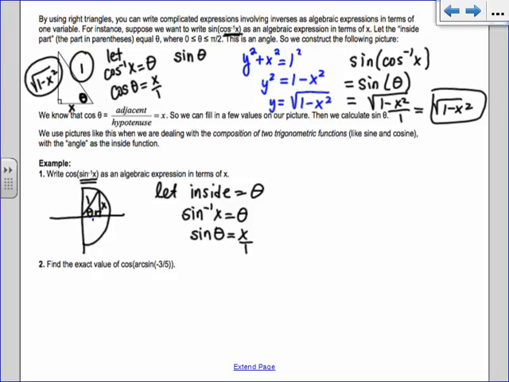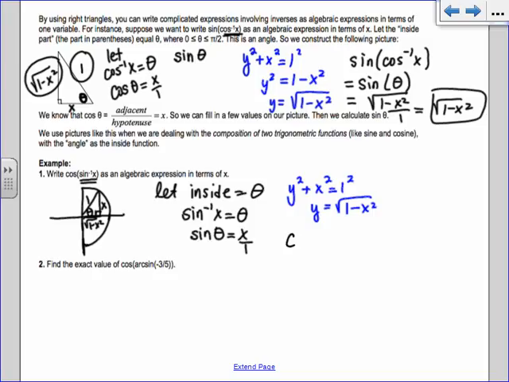I find that missing side, which I'm going to call y, by doing the Pythagorean theorem. So y squared plus x squared equals 1 squared. So y ends up being the same as above, the square root of 1 minus x squared. That's the length along the bottom of that right triangle.